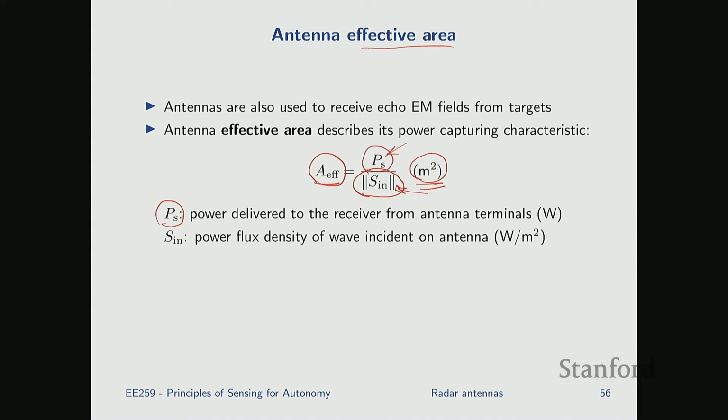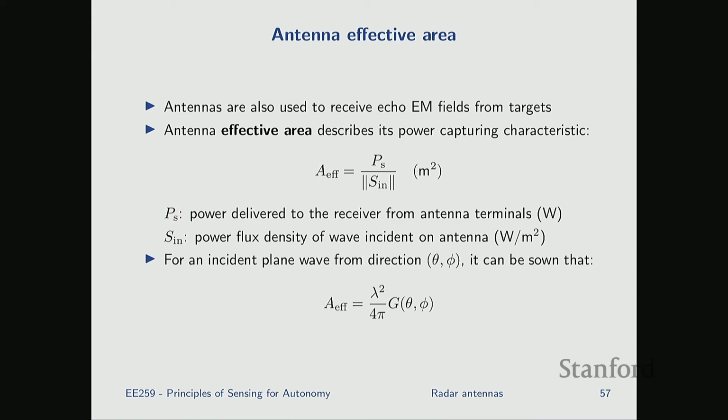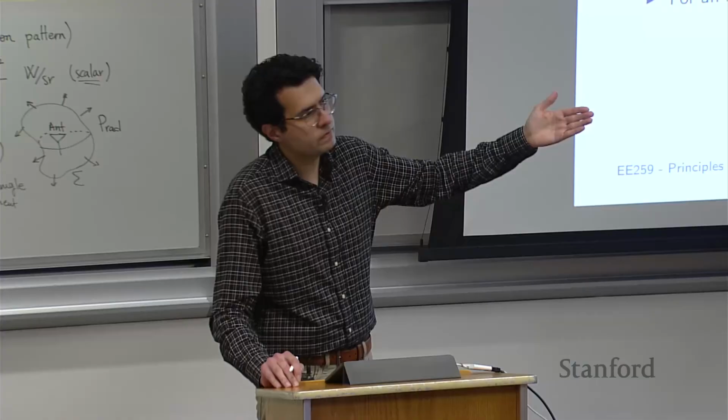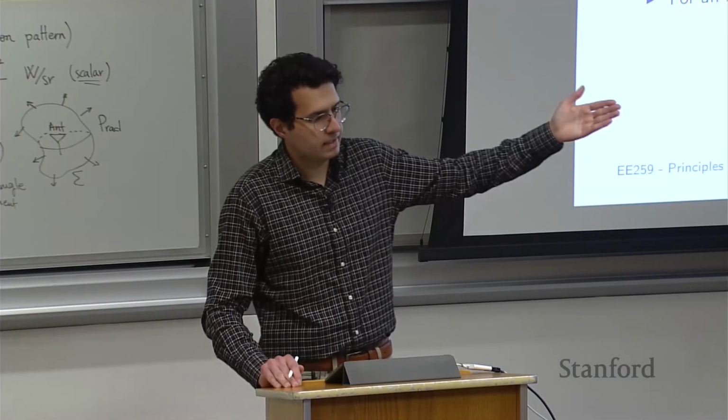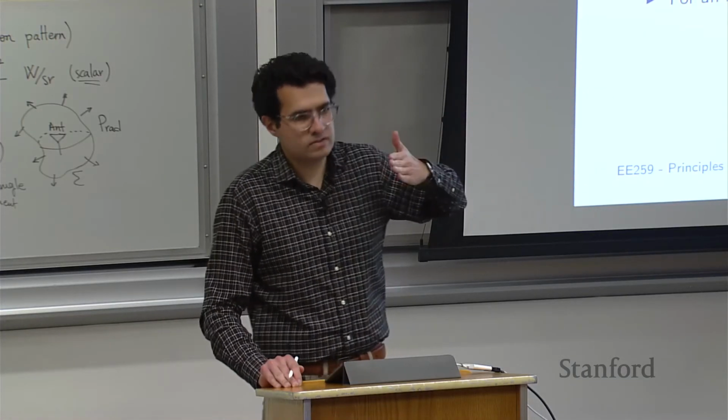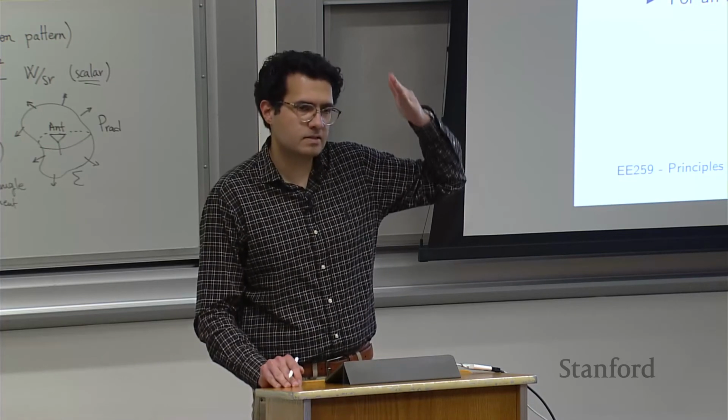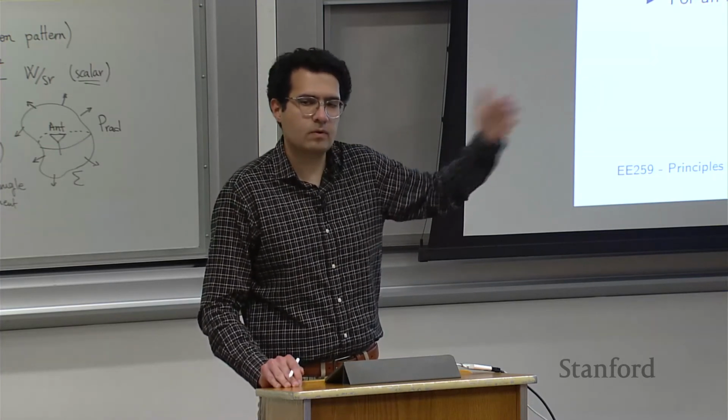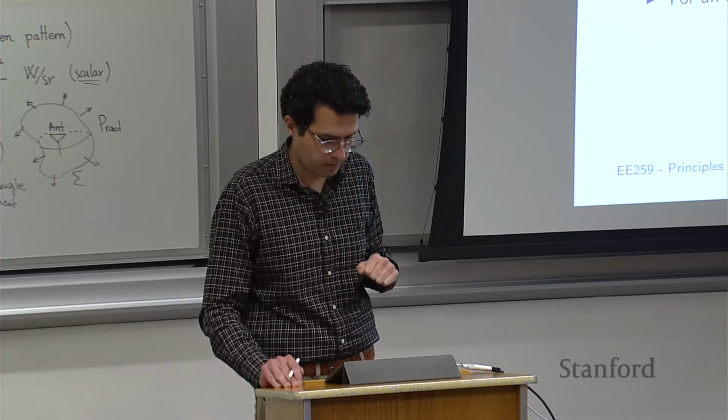Now, it turns out that if the echo is coming from a target that is in the far field, there's a very simple relationship between the effective area of the antenna and the gain of the antenna, and that's given by this formula here. So if your target is at the far field, basically the simplifying assumption is that the echo that's getting to the antenna is plane waves. Because we're so far away from the target, we can approximate it by plane waves.